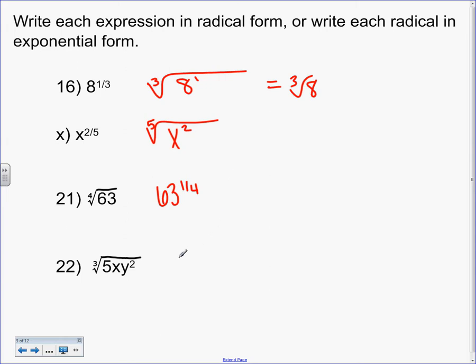So I would write 5 to the 1/3, because it's just to the 1. X to the 1/3. Y to the 2/3. Some people wrote it this way. It's not tricking you. Either answer is the same.